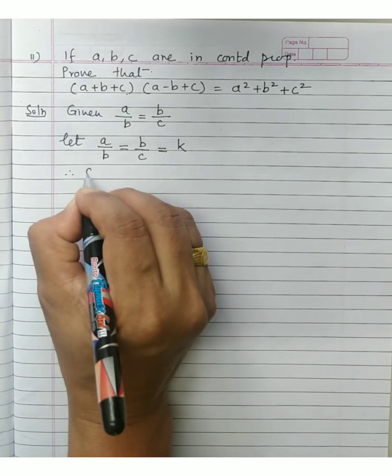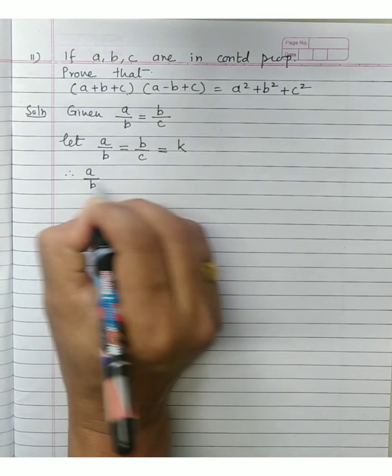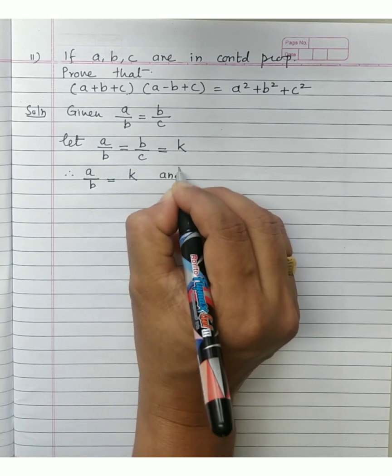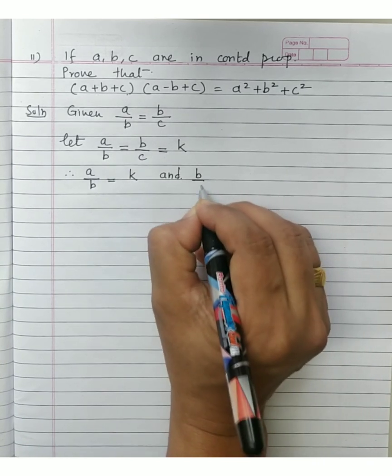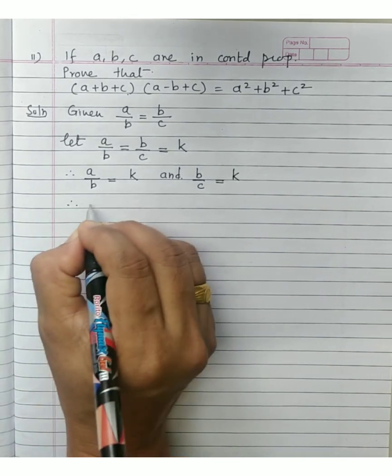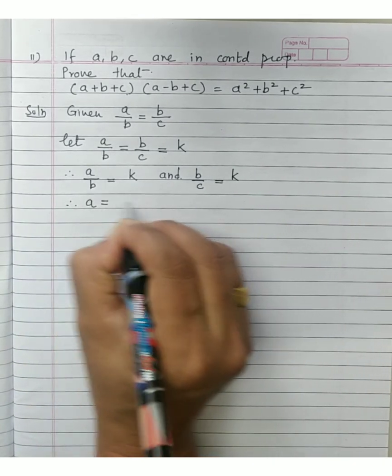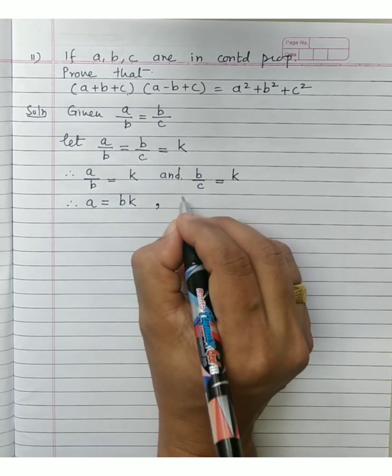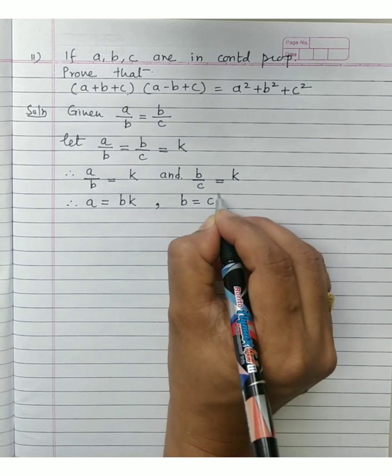So what do I get? A upon B equals K. Also B upon C is also K. I want to simplify, so I will express A in terms of B. A is BK. And here what will I get? B is equal to CK.